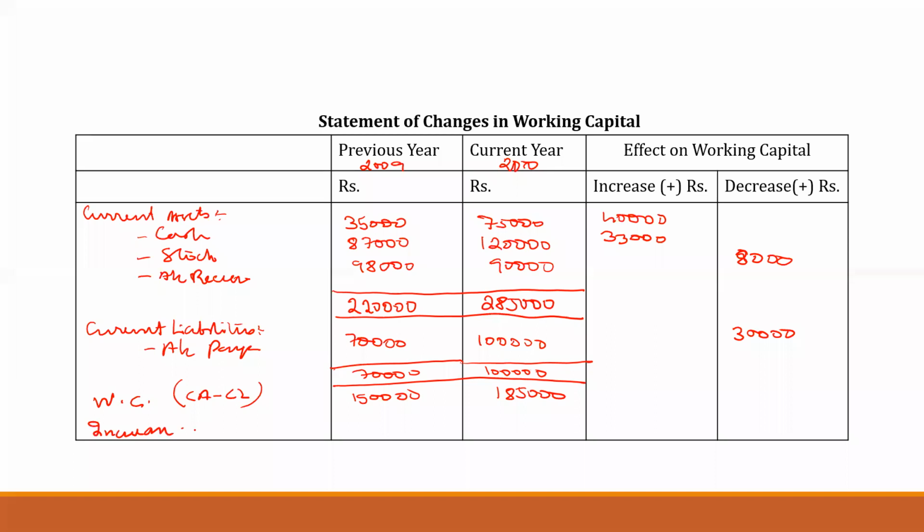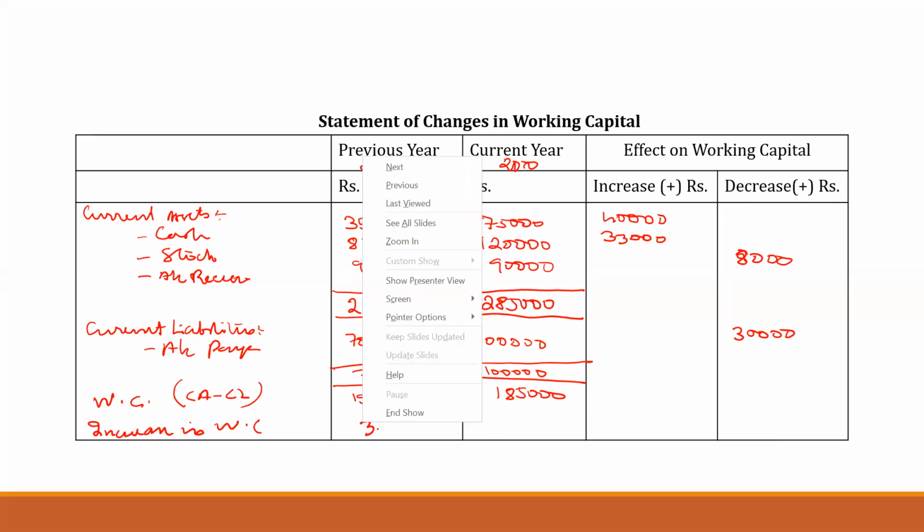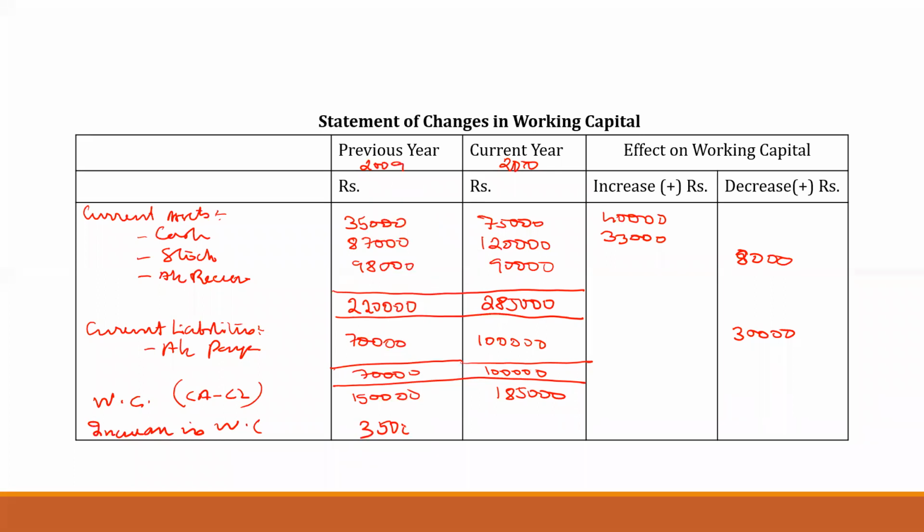Increase in working capital. Where are we going to write this? We have to write the 35,000 over here. Increase in working capital.